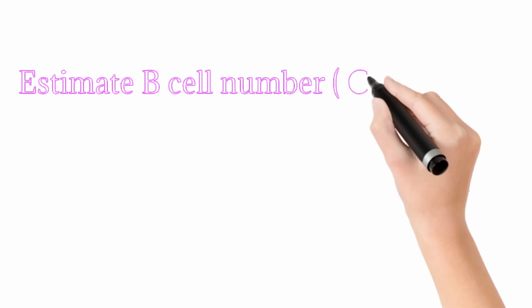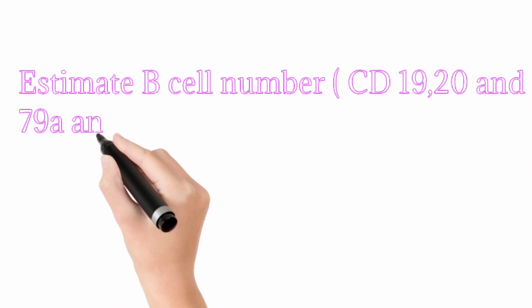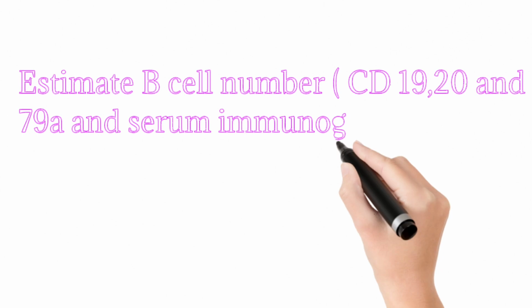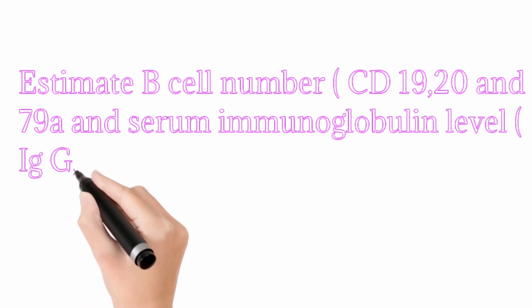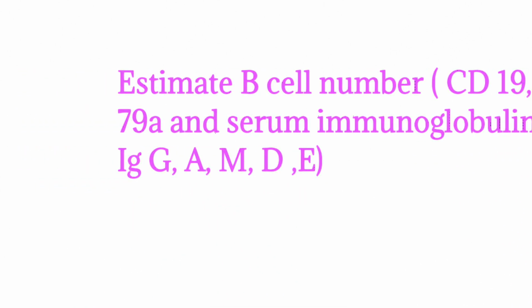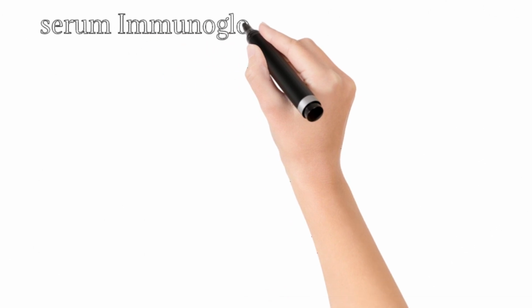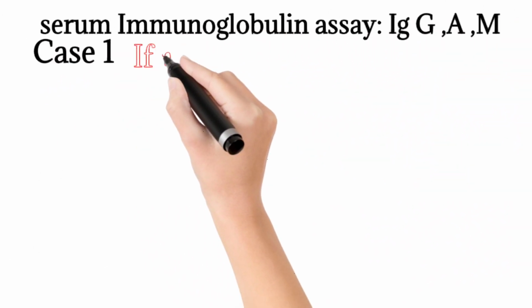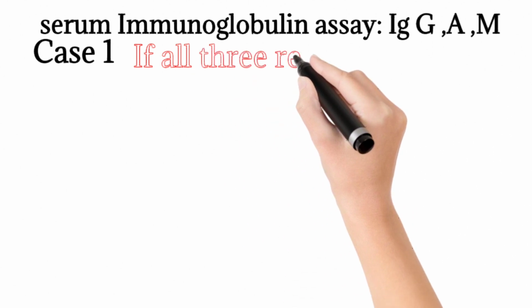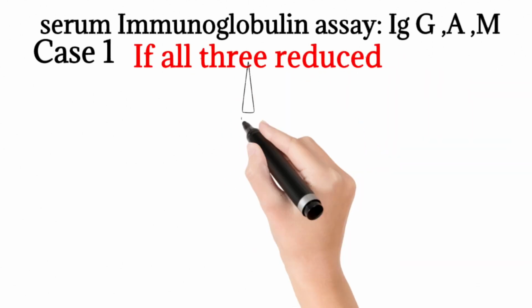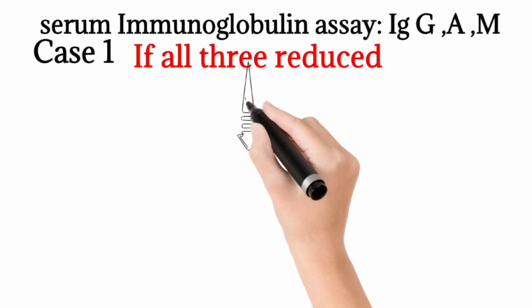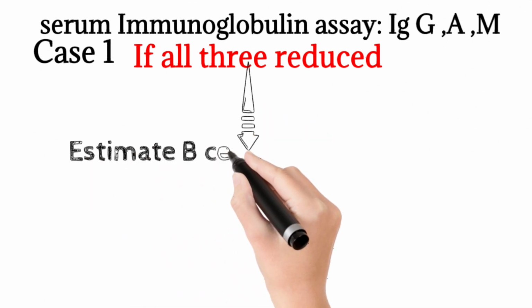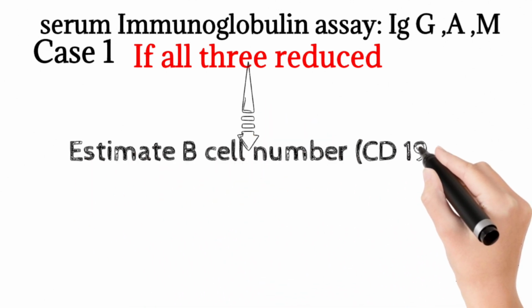Now, if we get this type of history, then we estimate B cell number and the level of immunoglobulins, that is A, G, M, E. Okay, we get the serum immunoglobulin level, first A, if it is abnormal, we go for G, then M. Okay, if all three are reduced, then we estimate the B cell number, CD19 plus.